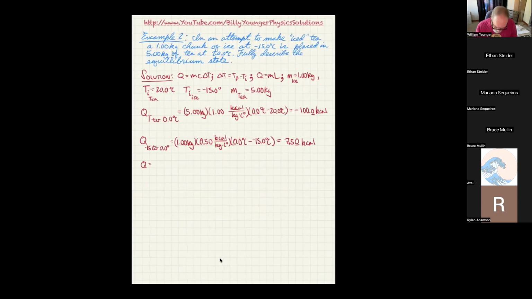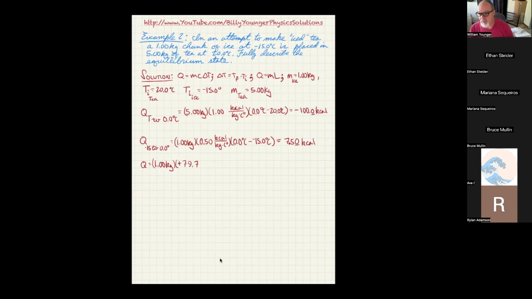So that'll work. So we can say, again, 1.00 kilograms times, in this case, -79.7. Now, we're actually talking about melting the ice, so I should make that a positive.